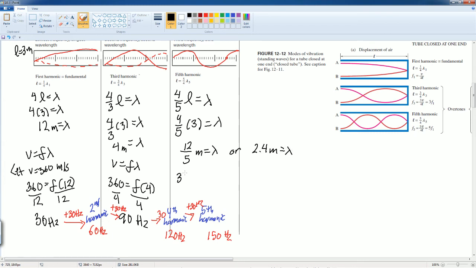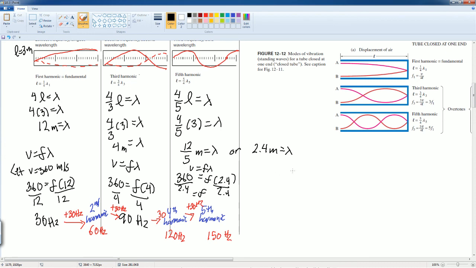So 360 is equal to, velocity equals frequency times lambda. Lambda was 2.4. Divide 2.4 to both sides. So frequency here should be 360 divided by 2.4.